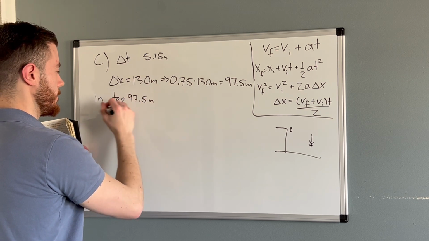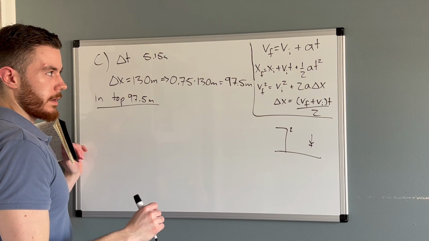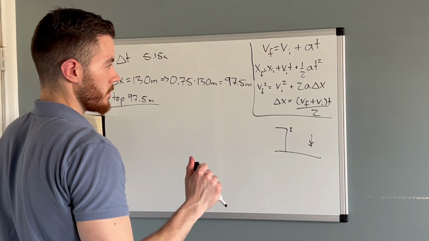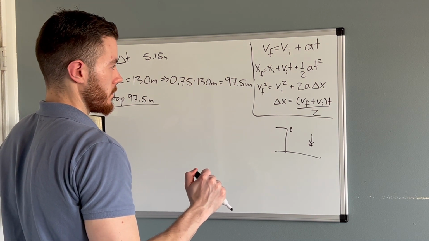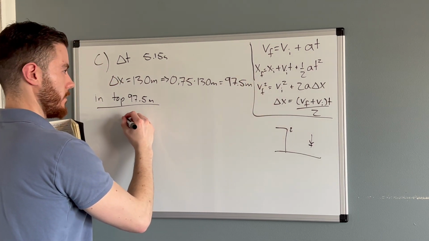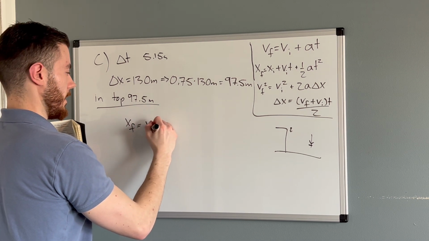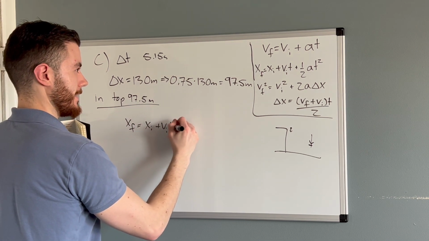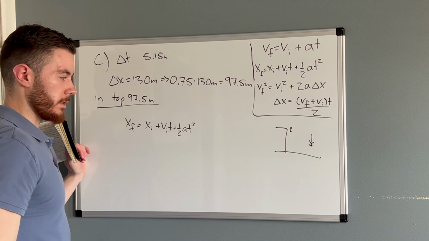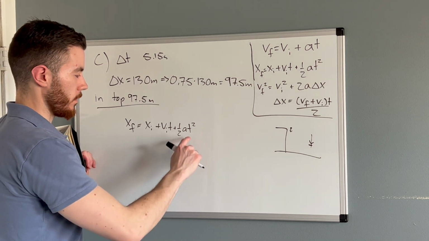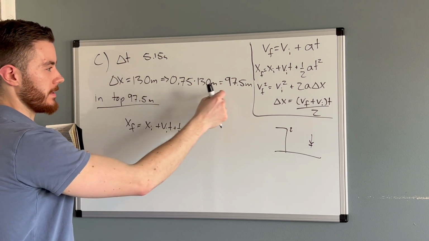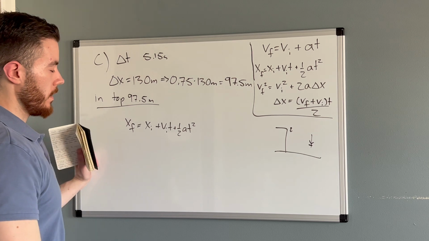Let's use the second equation: xf is equal to xi plus vi t plus 1/2 a t squared. What are we interested in solving? We're interested in solving for t, the total amount of time that it spends in these top 97.5 meters.